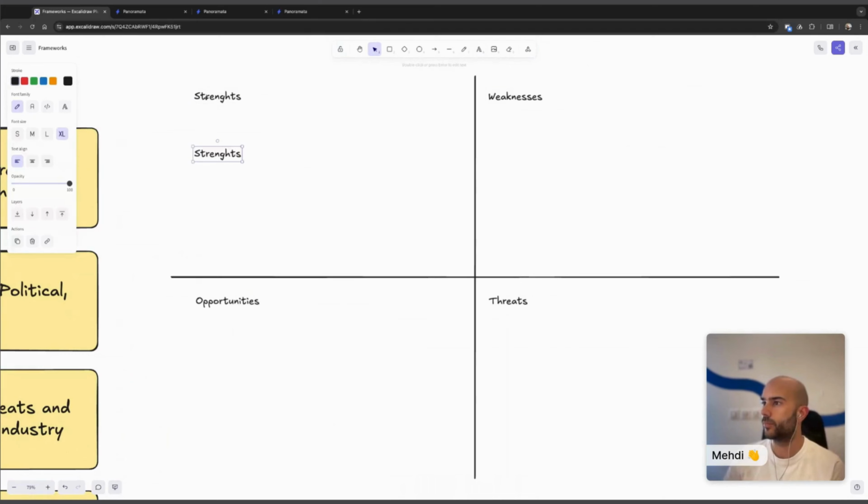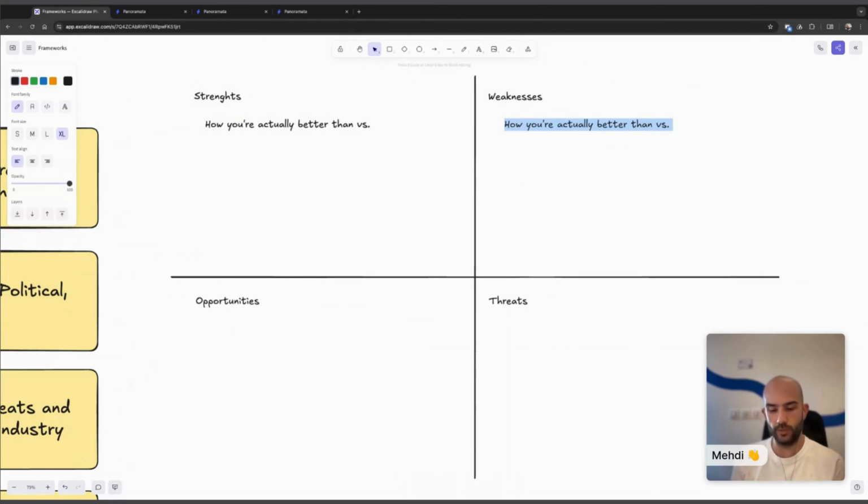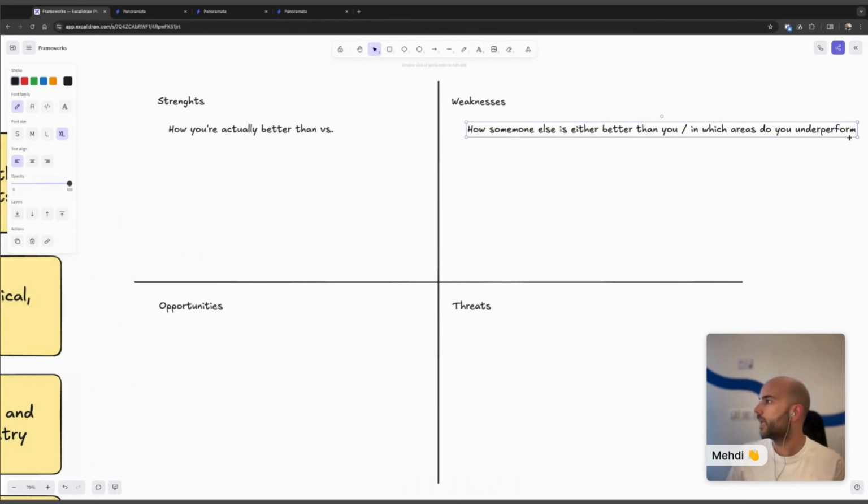So that's a strength, and that's something that you should look at. If I put the explanation here, it's how you're actually better than someone. Weaknesses are basically the reverse: how someone else is better than you, or in which areas you underperform against someone else. So those two are very static items.